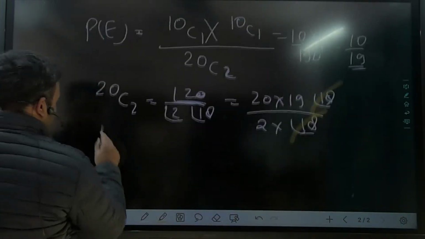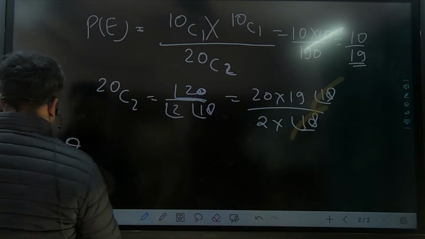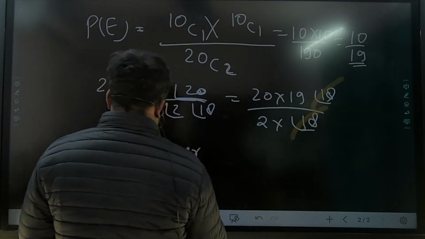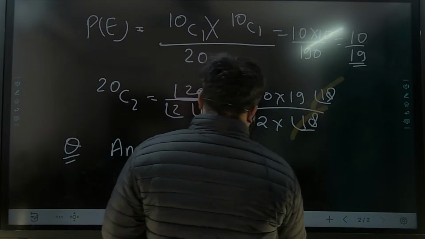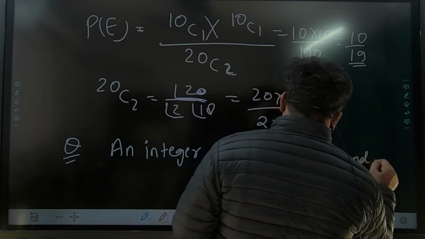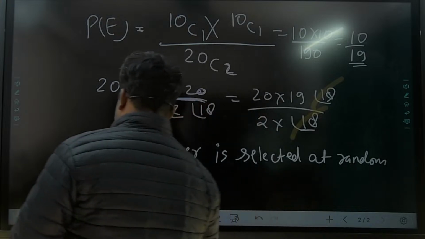Right? Take one more question. An integer is selected at random and squared.